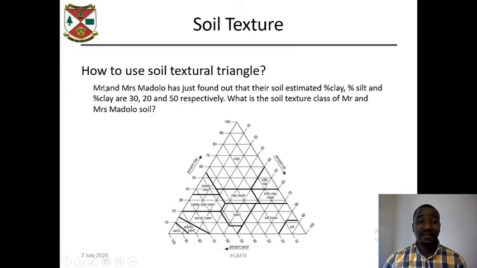Mr. and Mrs. Madolo have just found out that their soil's estimated percentage clay, percentage silt, and percentage sand are 30, 20, and 50 respectively. In other words, the percentage of clay is 30%, the percentage of silt is 20%, and the percentage of sand is 50%. What is the soil texture class of Mr. and Mrs. Madolo?